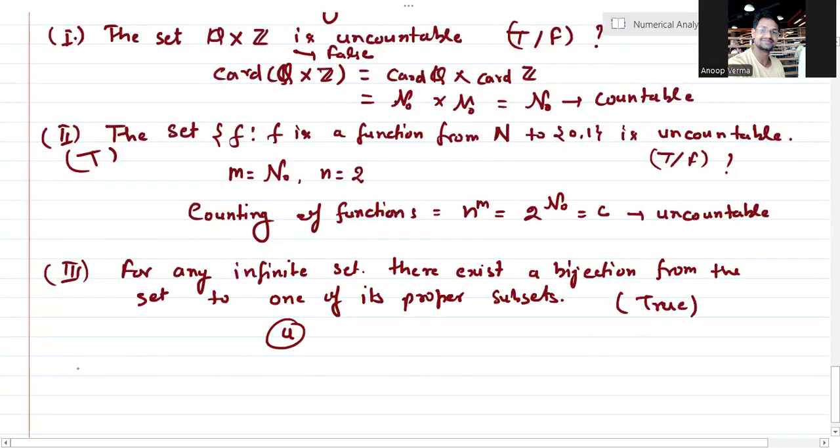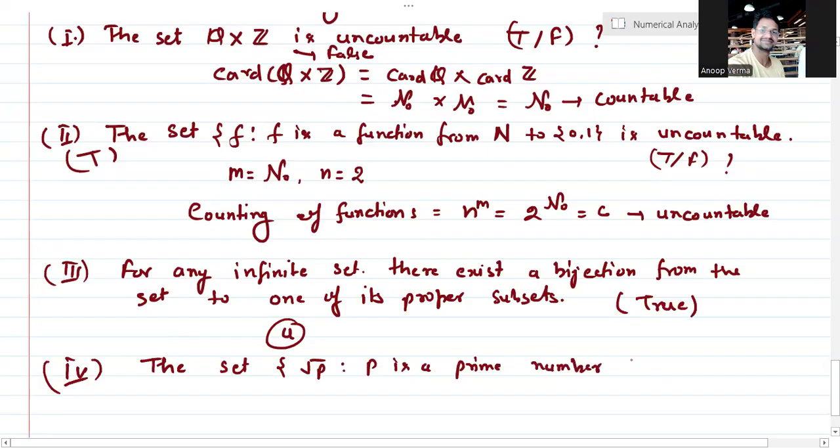Next, another statement: the set of square roots of p, where p is a prime number, is uncountable. Please let me know whether it is true or false.